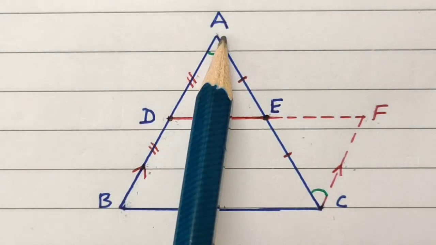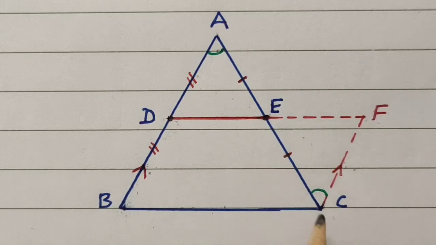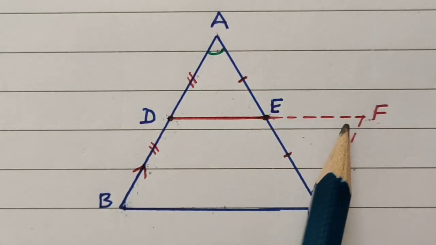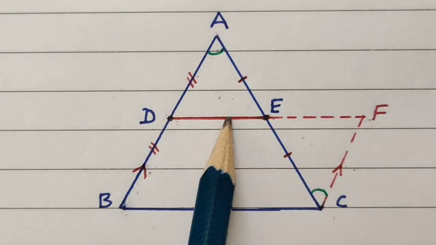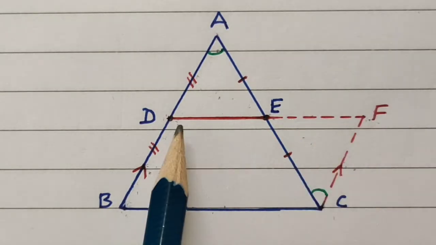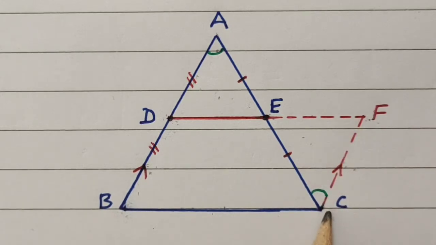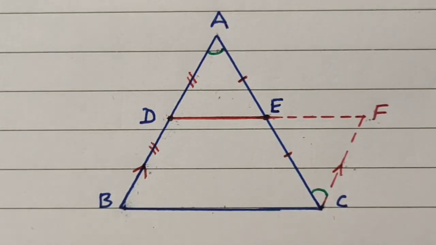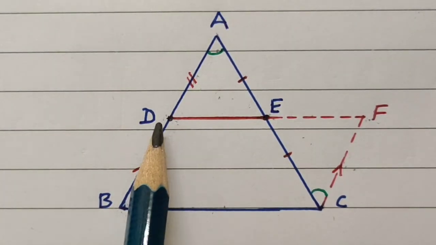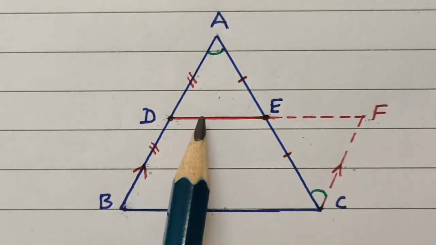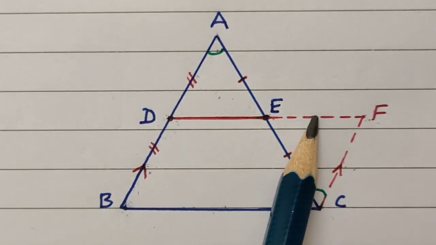Because these two triangles AED and ECF are congruent, DE is equal to EF. DF is equal to BC. We can say that DE is equal to half of DF because this side is equal to this side.